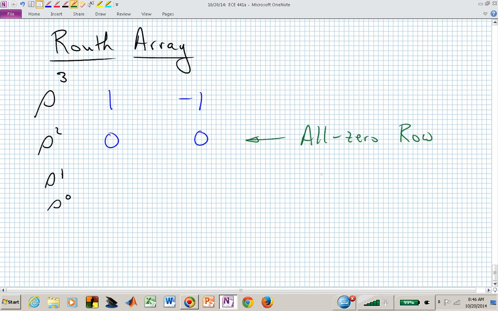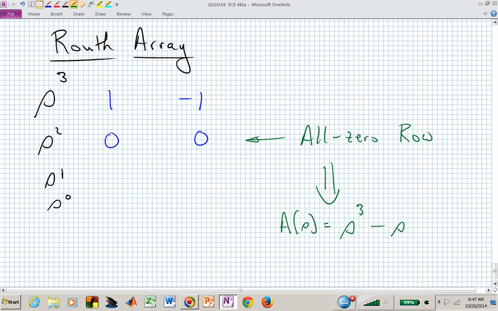And what's our auxiliary equation then? We go to the row above, the all 0 row, and build up our auxiliary equation from that. And it's in the s cubed. That coefficient for s cubed is 1. Then we have no s squared, and we have -1 times s, which is really the original polynomial.